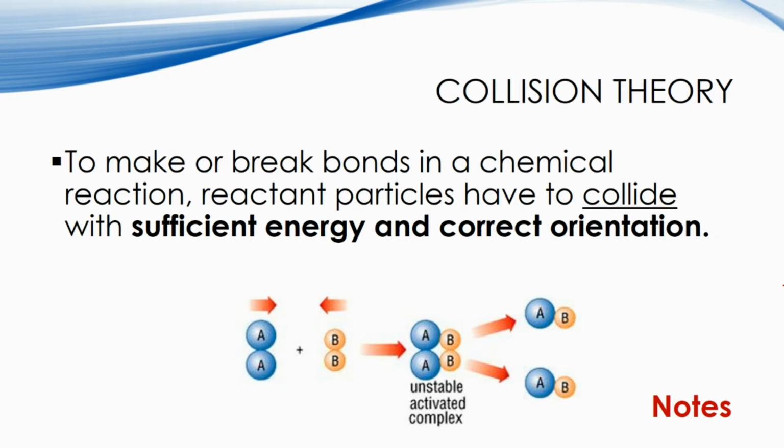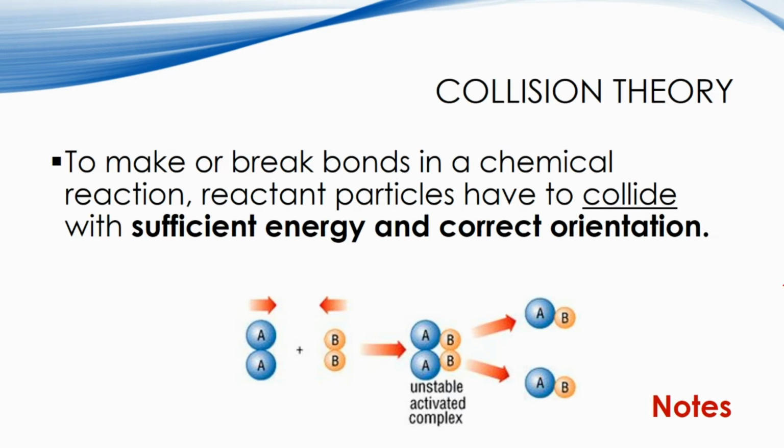There's this theory called collision theory that basically states that in order for bonds to be made or broken during a chemical reaction, some things need to happen first. Reactants have to collide, and they don't just have to collide, meaning touch in a way, they have to interact.